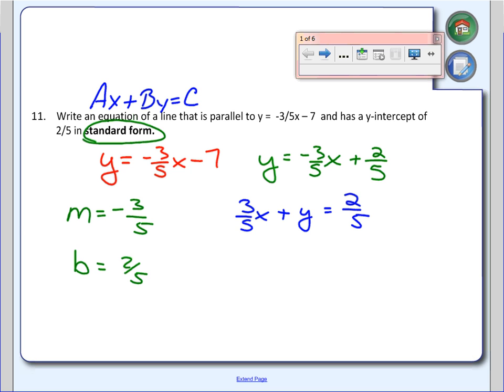We're getting closer. However, I've got one small problem: fractions. We can't have fractions. So we're going to fix that problem real quick. We're just going to multiply everything by 5. Where did I get the 5 from? It's the denominator.